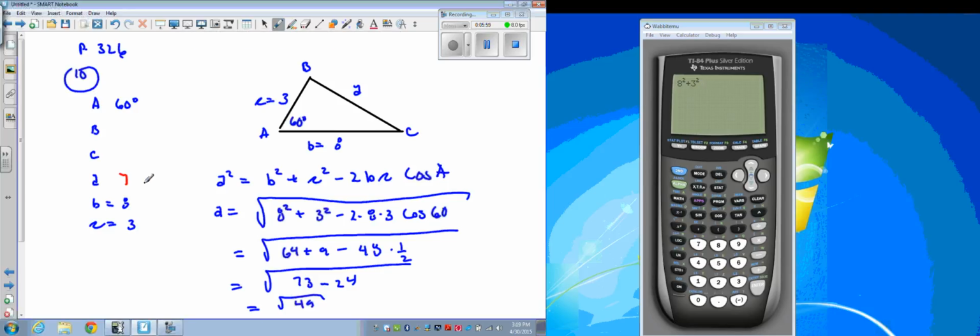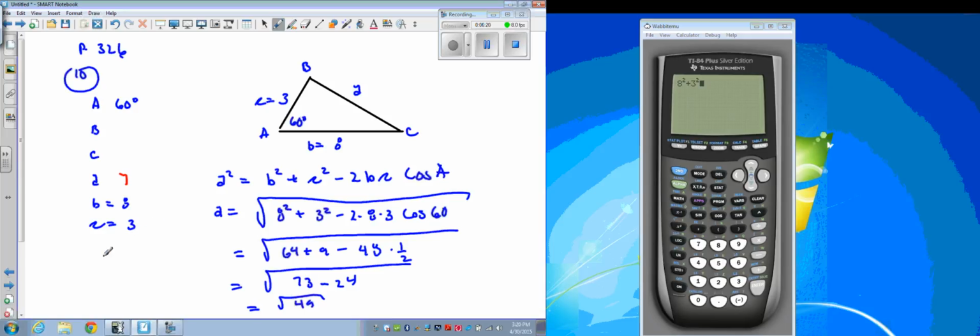Now then, what's the next thing we have to do? You use sine, right? But which one do we find, B or C? C, because it's going to be the smaller angle, remember? It's opposite the smaller side.